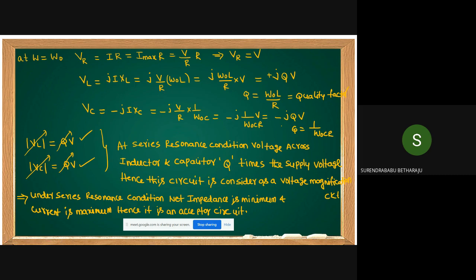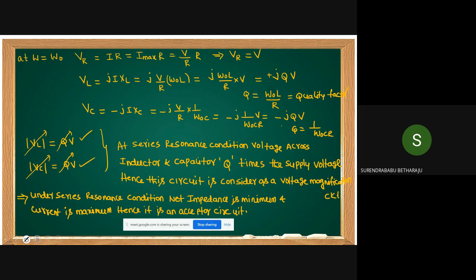Generally, the series resonance phenomenon is used in the design of passive analog communication, and we also use it in the design of receivers and antennas in analog communication, which you EC students know well. We can use this series resonance concept. The example is the old radios. In old radios, for tuning the frequency, we are using this series resonance.